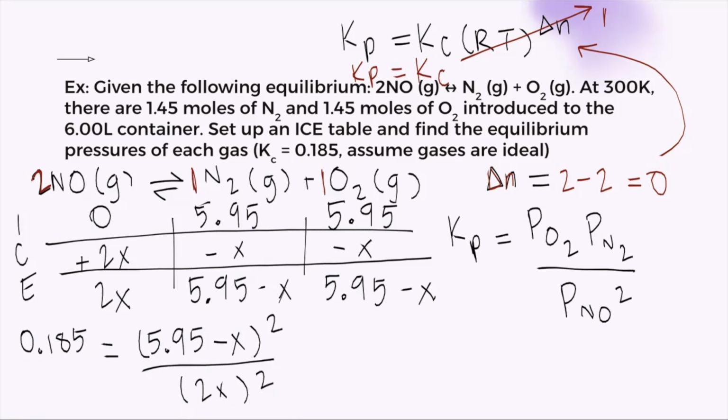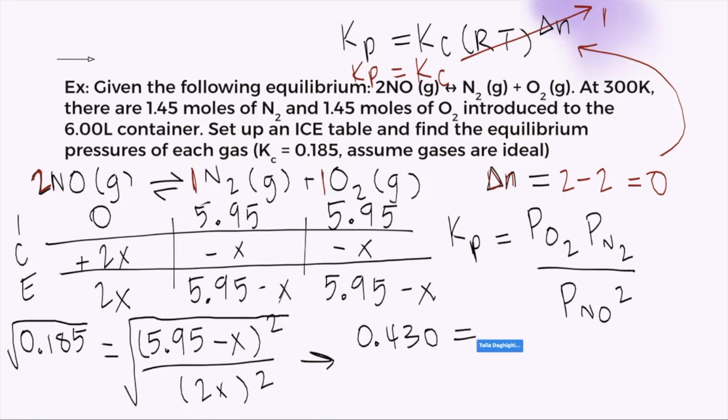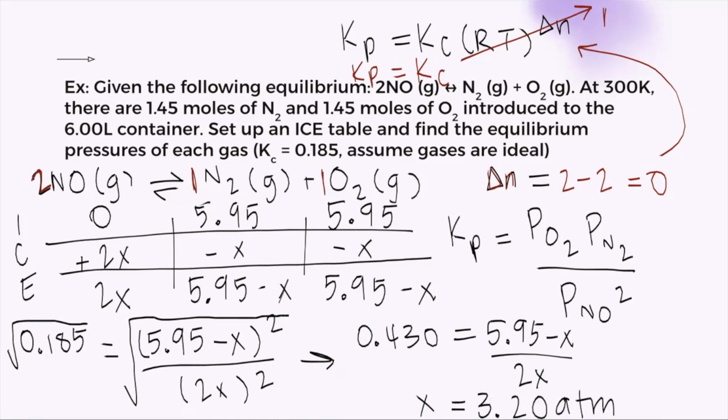So the first step I'm going to do is square root both sides, and then we're going to get 0.430 equals 5.95 minus X over 2X. And now you can use algebra to solve and get that X is going to be 3.20 atmospheres. Okay, so you know that X is 3.20 atmospheres.